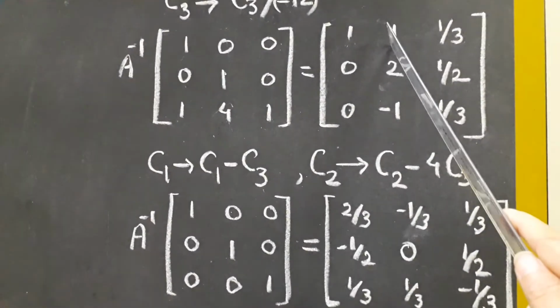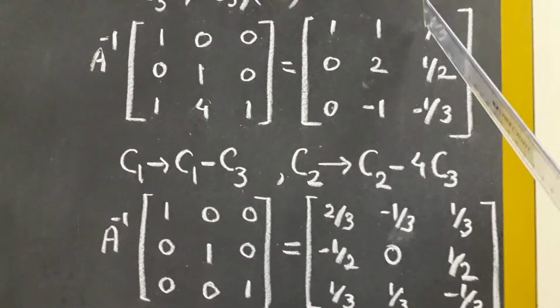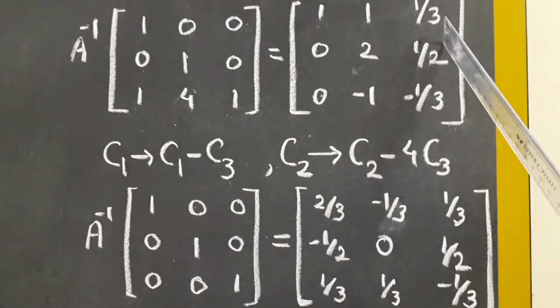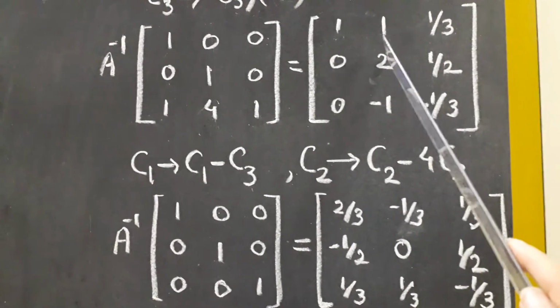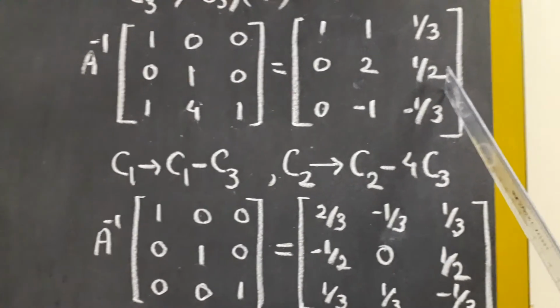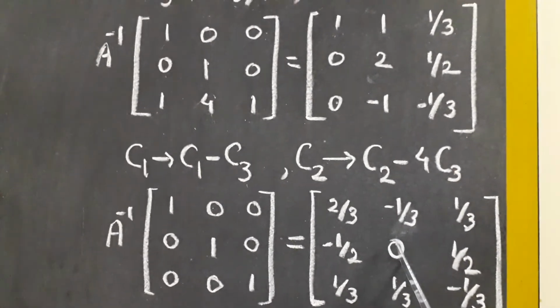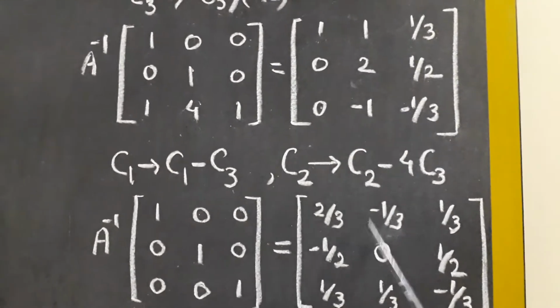So for C2, 1 minus 4 times 1 by 3, that is 1 minus 4 by 3, will give me minus 1 by 3. Similarly, 2 minus 4 times 1 by 2 is nothing but 0, because 4 upon 2 gives you 2, and 2 minus 2 is 0.